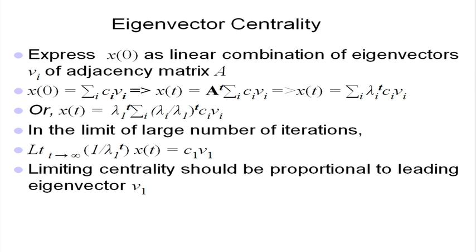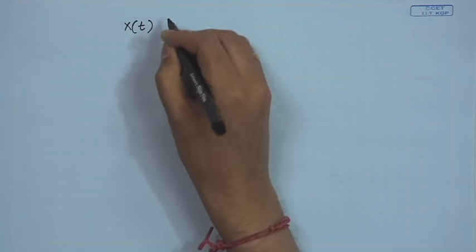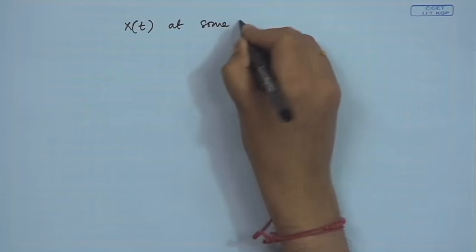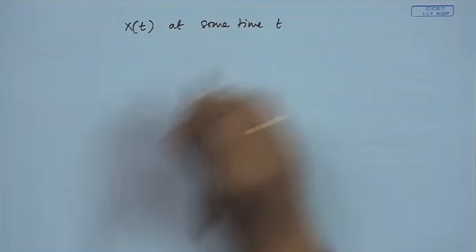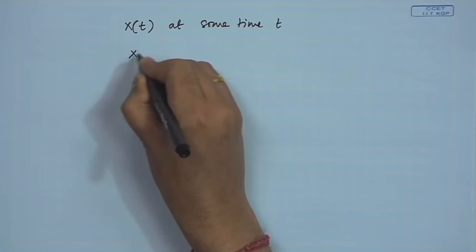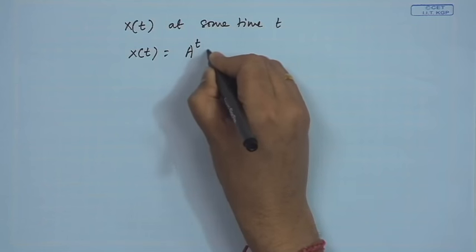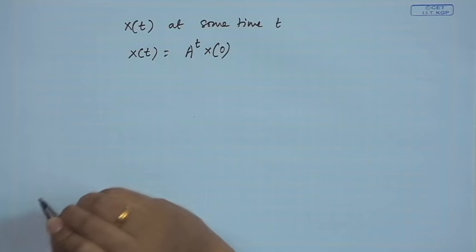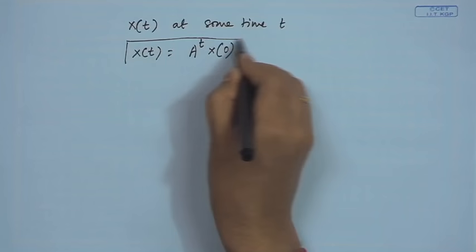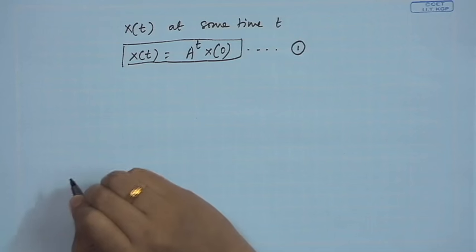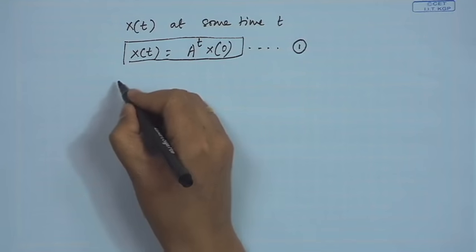The basic thing that we saw was that if x t is the popularity value at some time t, then we can express x t in terms of A t into x 0. This is what we have already seen. We call this equation 1, say, for simplicity.